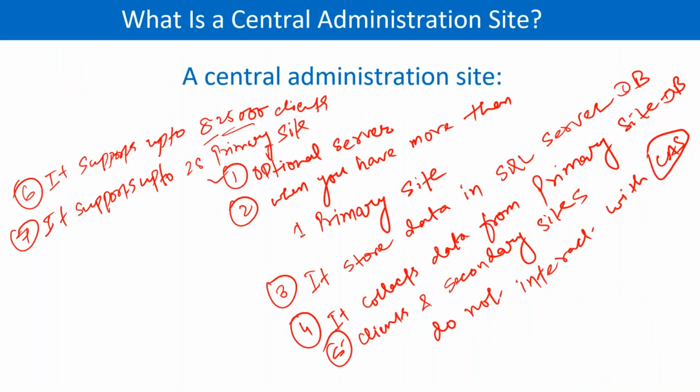So it's an optional server. It is needed when you have more than one primary site. It stores data in SQL Server database. It collects data from primary site. Clients and secondary site do not interact with CAS. It supports up to 825,000 client computers. It supports up to 25 child primary sites. Point number 8, it manages only primary sites.